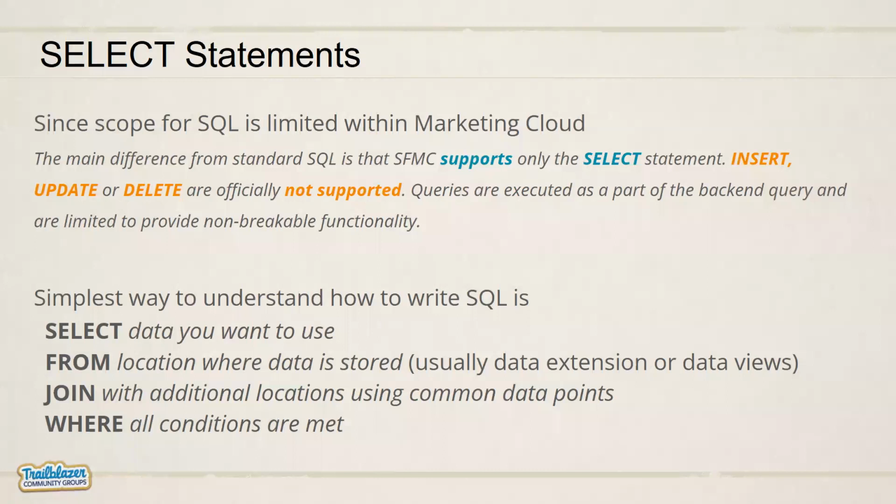I cannot be friends with their friends if I don't have that common connection. The same thing is applicable in the SQL world, where you need to have that common data point, which in technical terms is a primary key or foreign key, and then write your where condition. If you are talking about other queries like insert, update, or delete, the best practice I always recommend is to write your where conditions first.